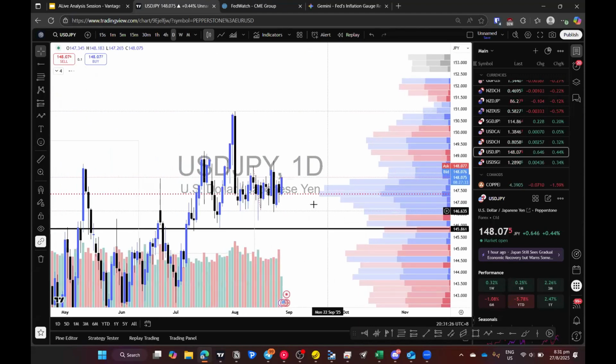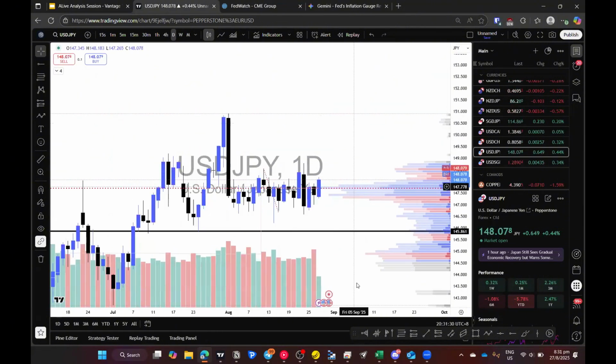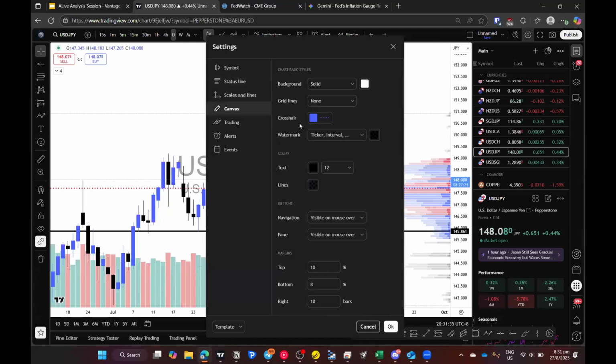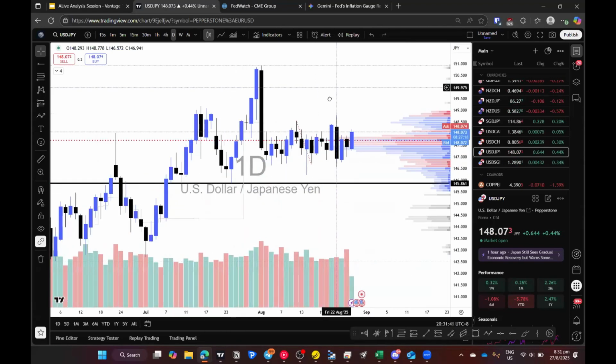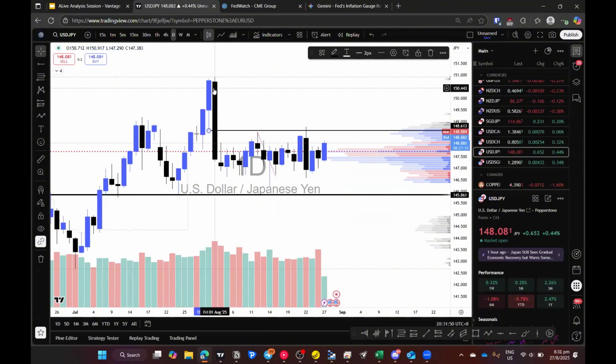Let me just close off that Canva watermark. Okay, so this was the low. You can see how that overlaps. Okay, that quick sell-off on the 1st of August.